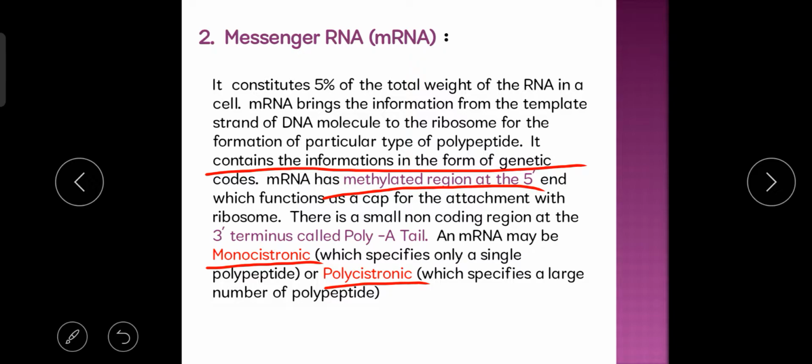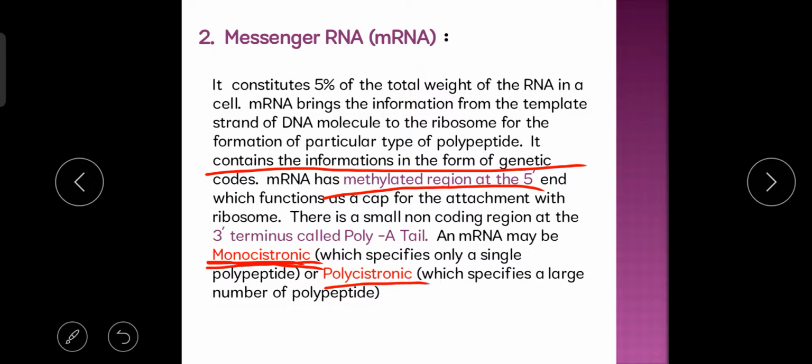Monocistronic means when only one single type of polypeptide is formed from the mRNA strand, then this is known as the monocistronic mRNA. When only one single type of polypeptide is formed from the mRNA strand, that is called monocistronic.